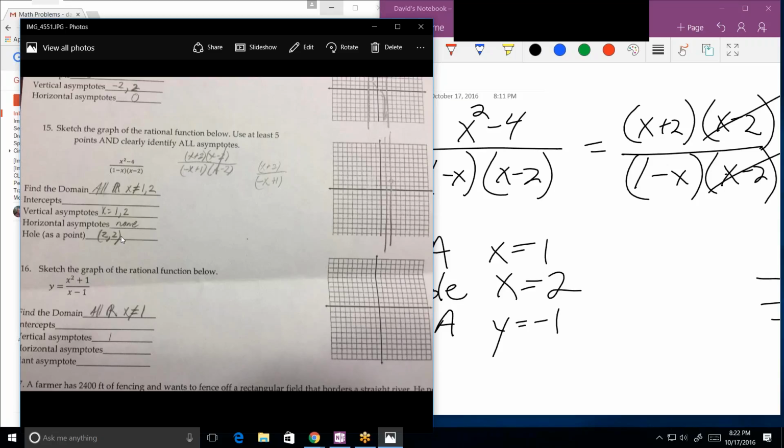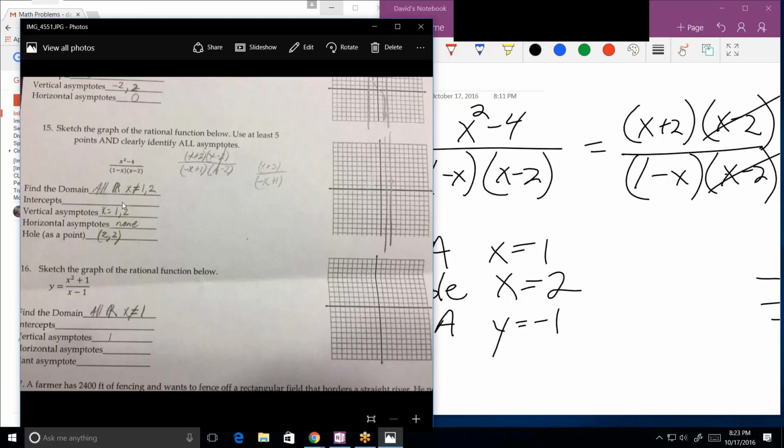It would actually be 2, comma, whatever you get when you plug in 2 into this. In other words, if I plug in 2, I get 4 minus 1. So minus 4. It'd be 2, -4 is where the hole is. Okay. There is a horizontal asymptote at y equals -1.